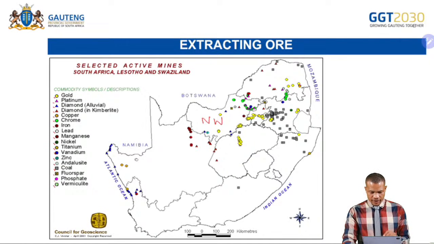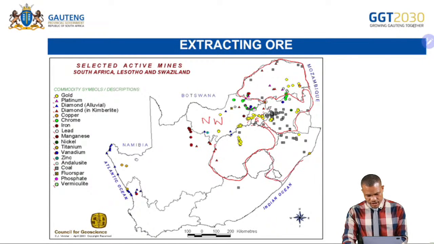And then you have Gauteng, which looks like it's primarily gold. Gauteng is this small little region over here. Mpumalanga is dominated by coal. This is Mpumalanga. And then Limpopo has a variety of different minerals. Then you have your Free State, which is dominated by gold as well. Then you have KwaZulu-Natal, which is dominated by coal, but not that many.